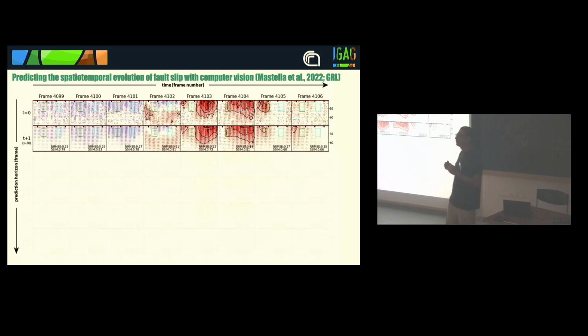If we want to forecast the next event, we are at a prediction horizon of 1, meaning that we are at this stage and we want to predict this other frame. We see that machine learning is doing a great job. A reddish color is starting at this moment, predicting the rupture starting from the right and growing toward the left of the experiment.